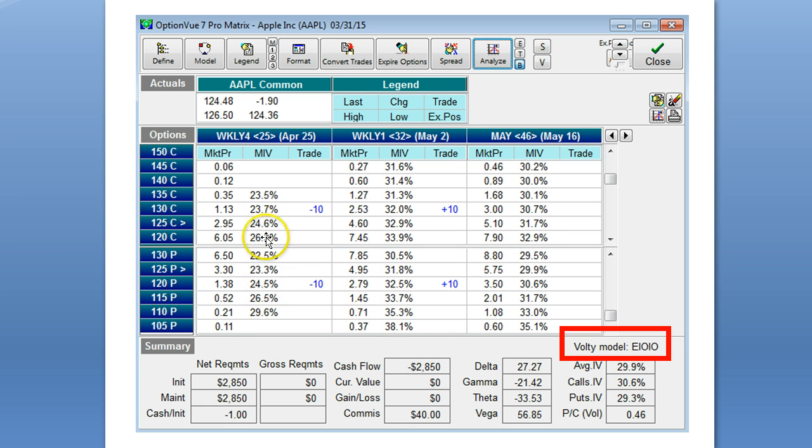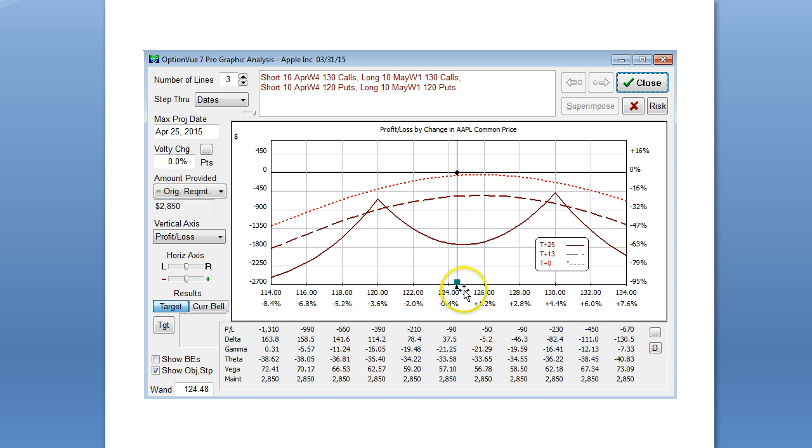Because you're selling these for such little implied volatility, such little time premium, your theta ends up being negative. And that's what it looks like. You lose money every day using that model.